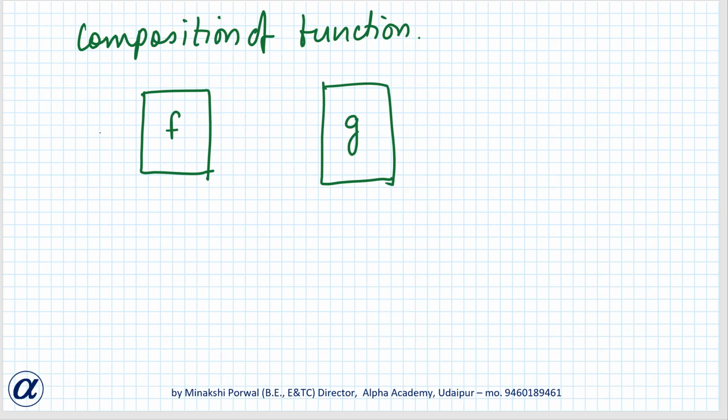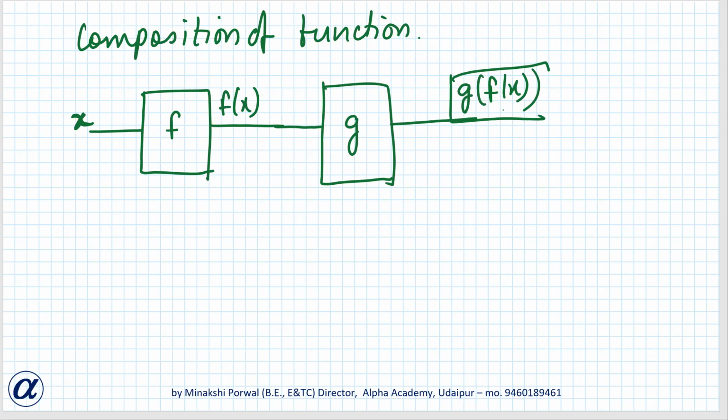The input of function f is x, so x can take various values. The output of this function is y, that is equal to f(x). Now this will act as an input to function g, and this is g of f(x). So this is g of f, that is g of f(x).